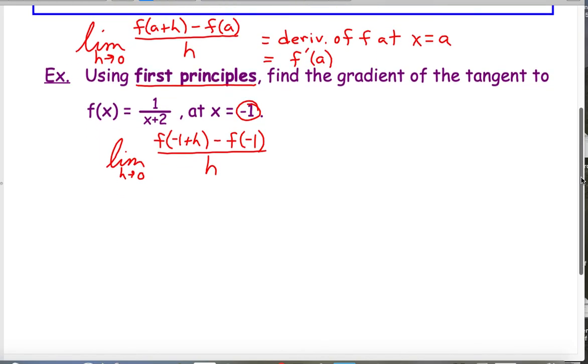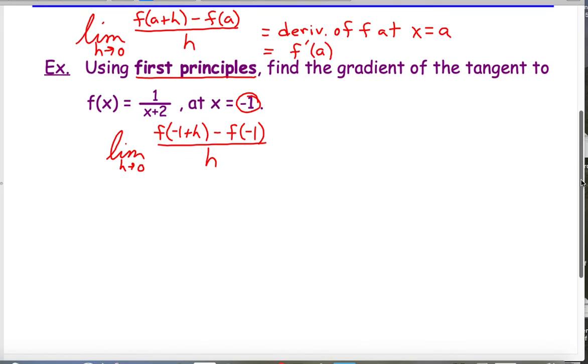You might want to hit pause and try and calculate this yourself and then see how you did. Okay, so we're doing the limit as h approaches 0. Now, I'm taking -1 plus h and plugging it into the f function wherever I see x, namely in the denominator.